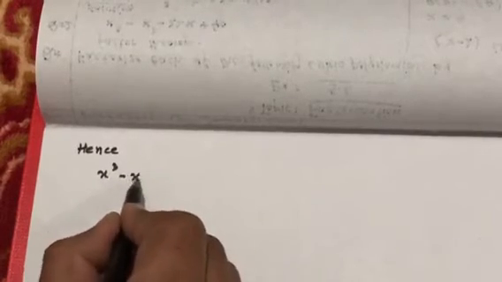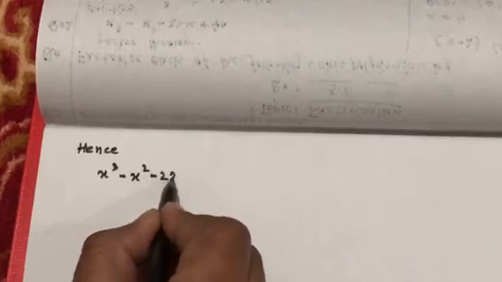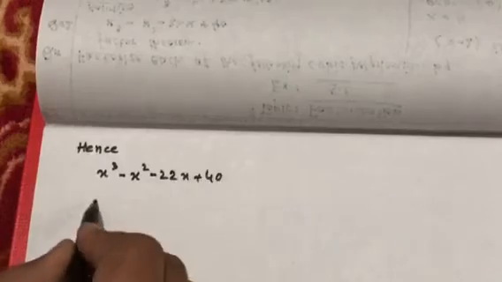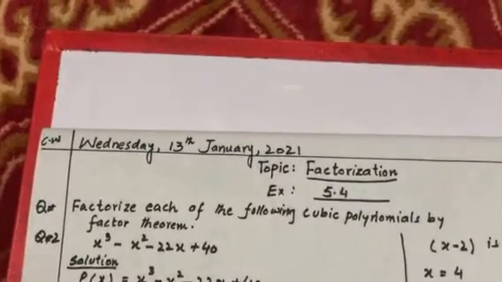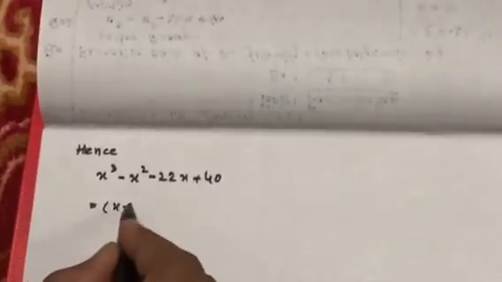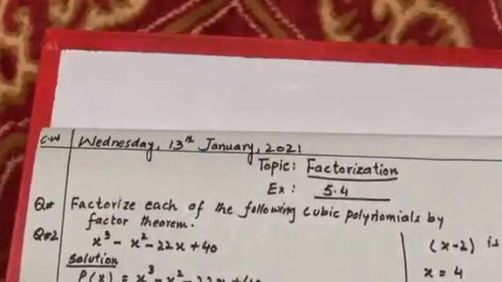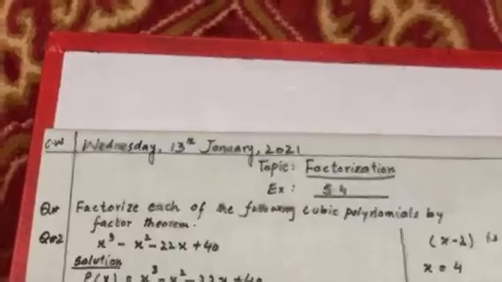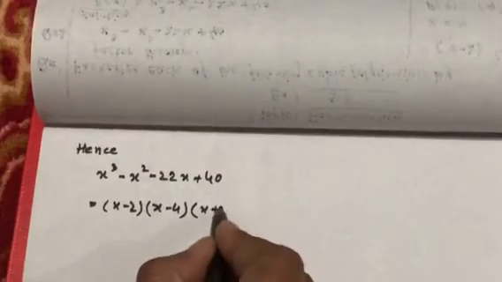So the given polynomial, hence x cube minus x square minus 22x plus 40, is equal to, the first factor is x minus 2, and the second factor is x minus 4, and the third factor is x plus 5.